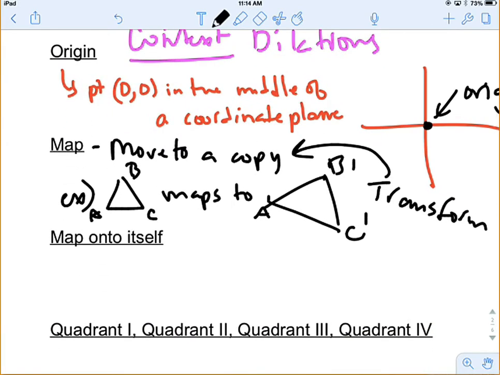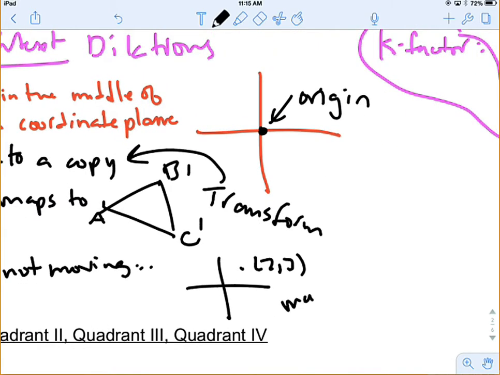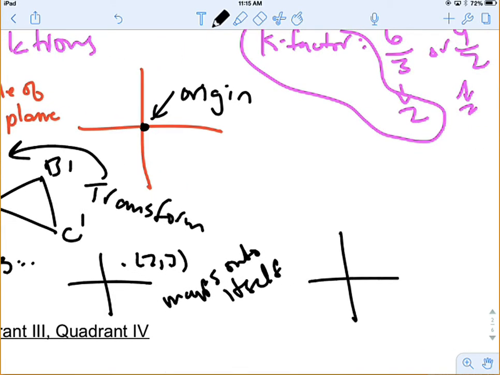Okay, so map onto itself means that it's not moving. Okay, so if I say I have triangle, let's have a point. If I say point 2, 3 maps onto itself, that means it's not moving, everything else is.